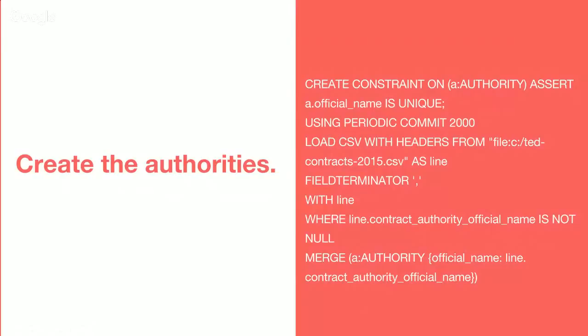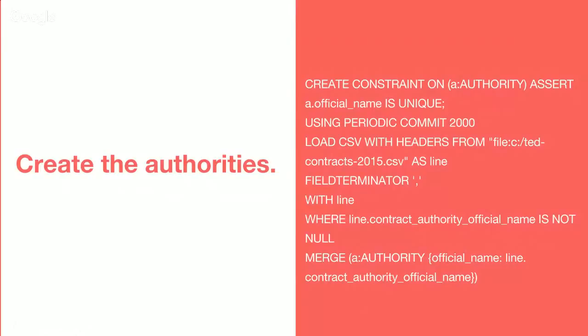Then we can start with the actual importing of the data. It's using PERIODIC COMMIT 2000, which sets a limit, a threshold between each commit. Then we have LOAD CSV WITH HEADERS FROM the name of the file AS line.